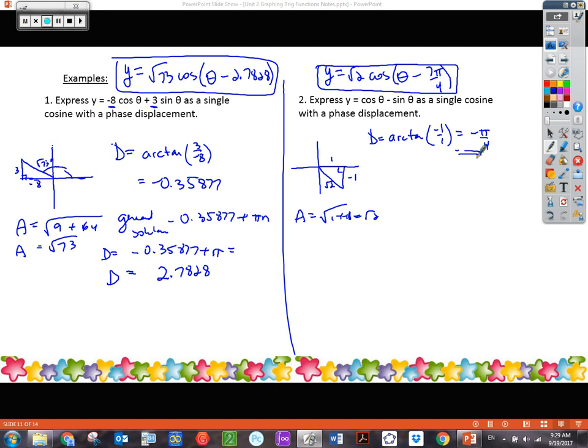Are we okay? Now let's say, I don't have a problem up here like this, but let's say that our arguments, let's say we have, for example, 3 cosine 4 theta minus 2 sine 4 theta.